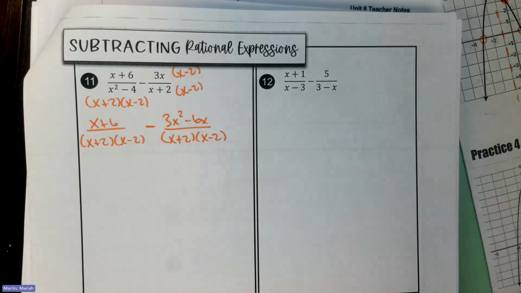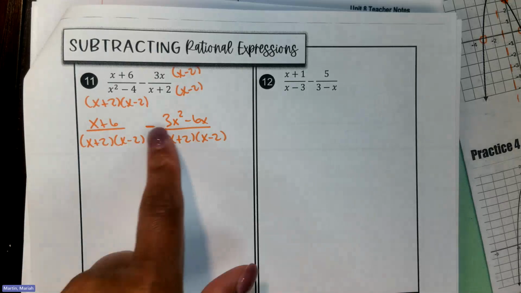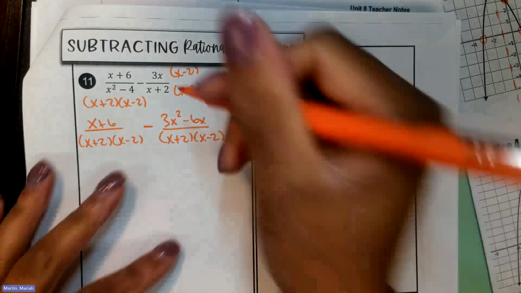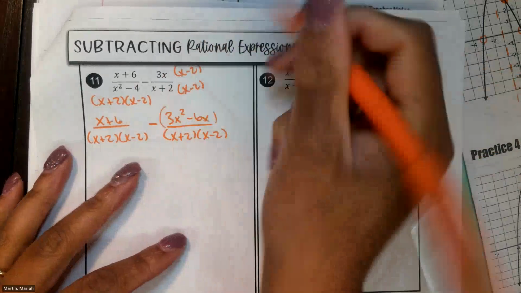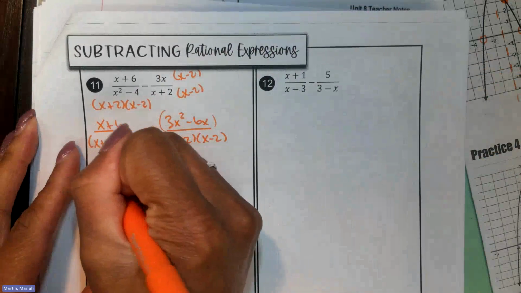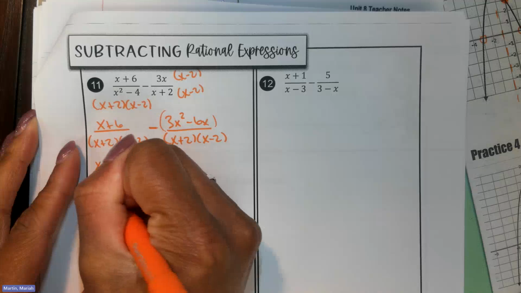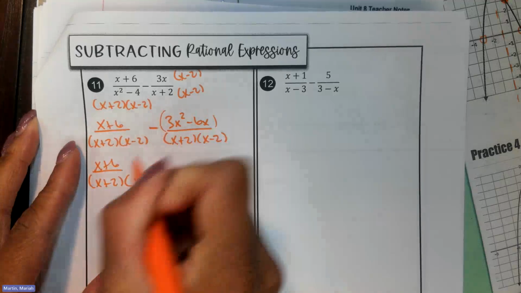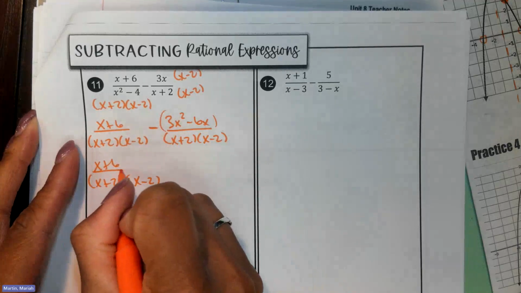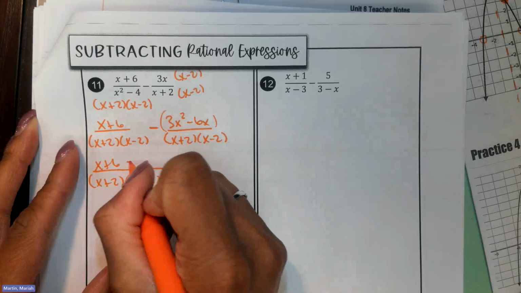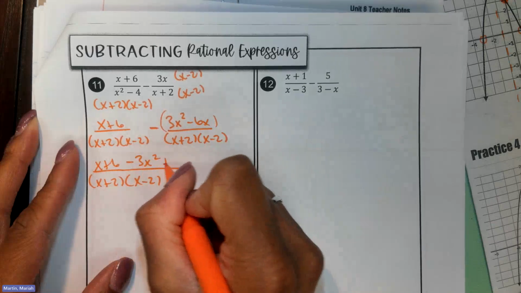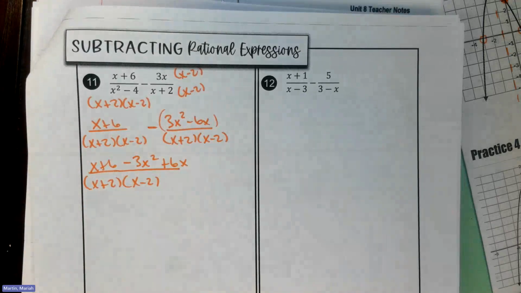Now when I add or subtract, I need to distribute this negative 1 over to the other side. So distribute the negative. And when I distribute the negative, I get negative 3x squared plus 6x.